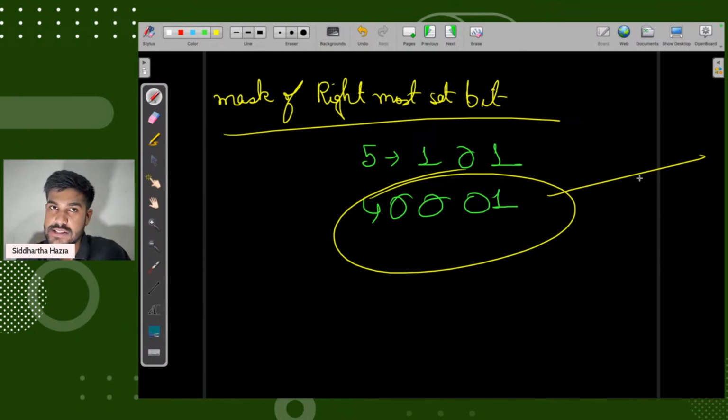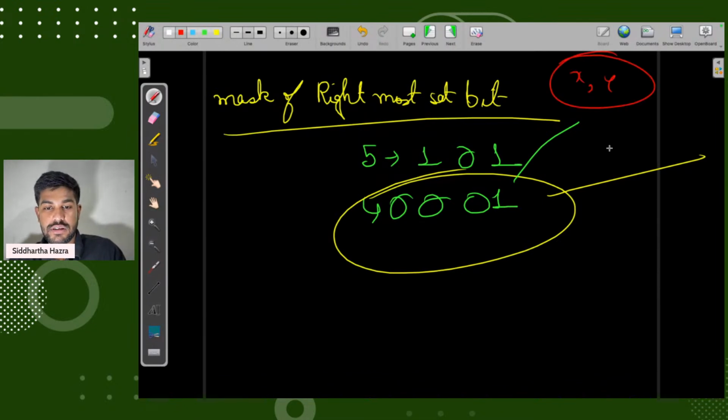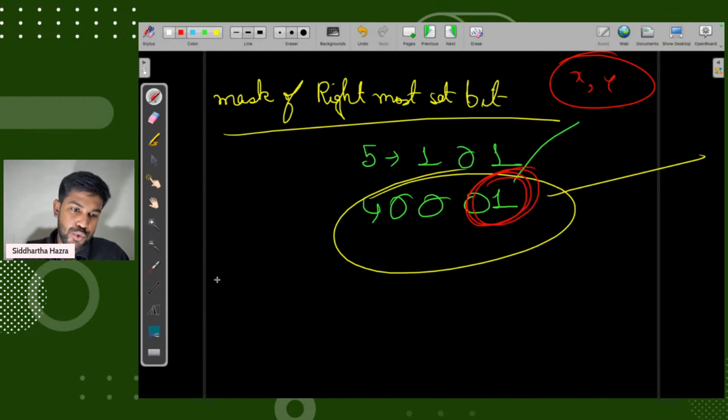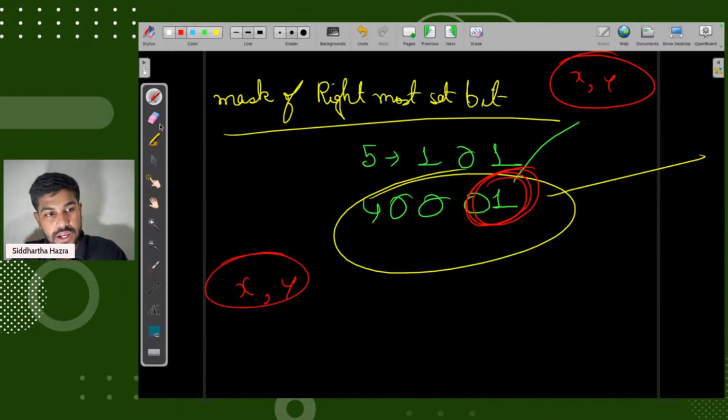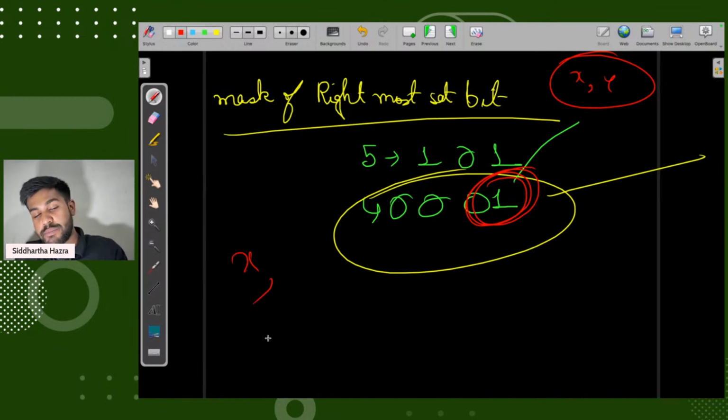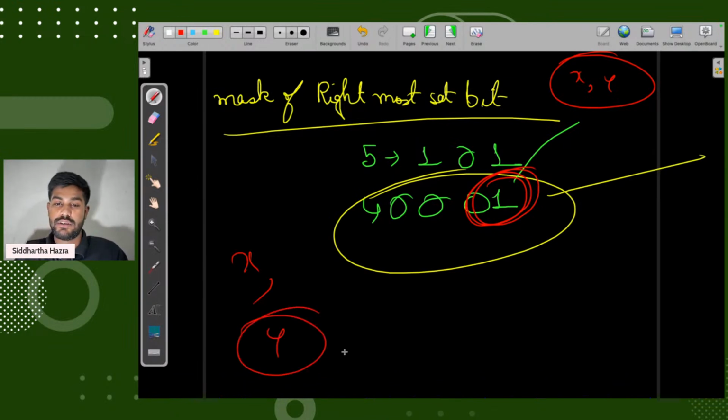Now the next thing is, why do I ask this? I ask this because we have x and y. This bit would be set in either x or y. Suppose this bit is set in x, then the other bit would be unset in y.